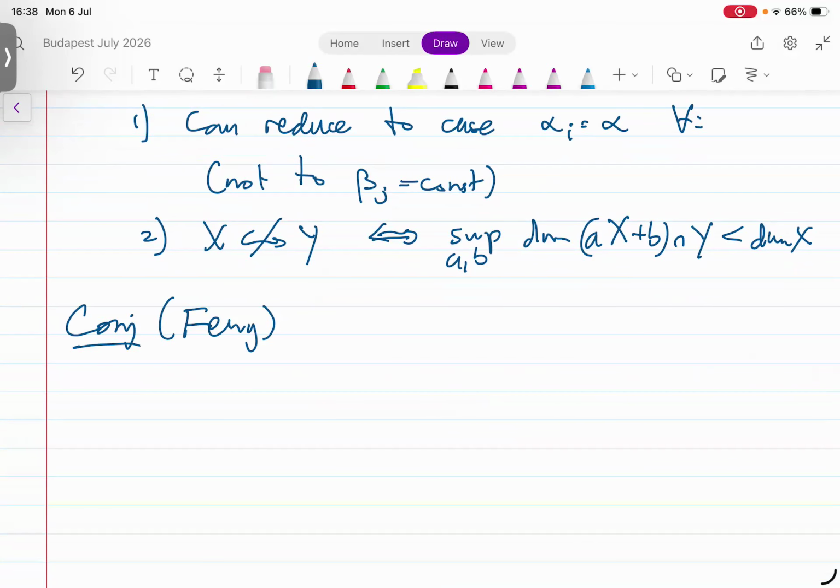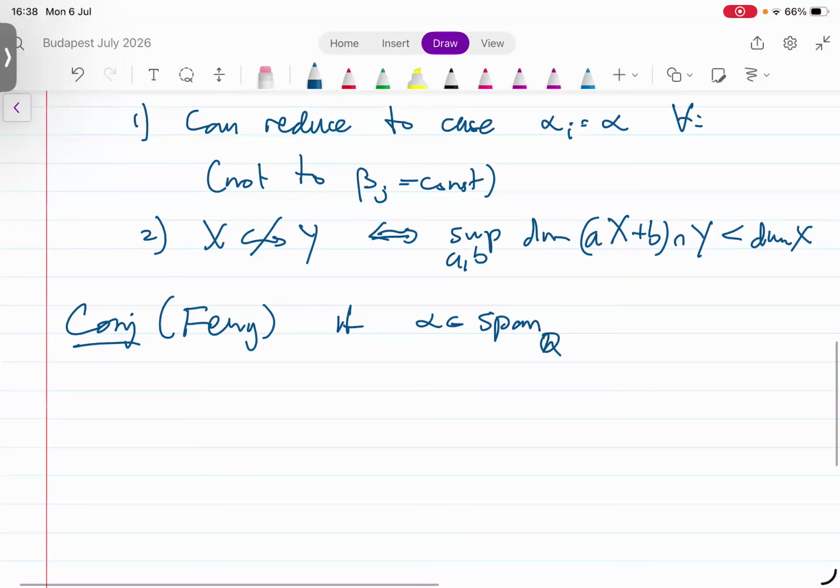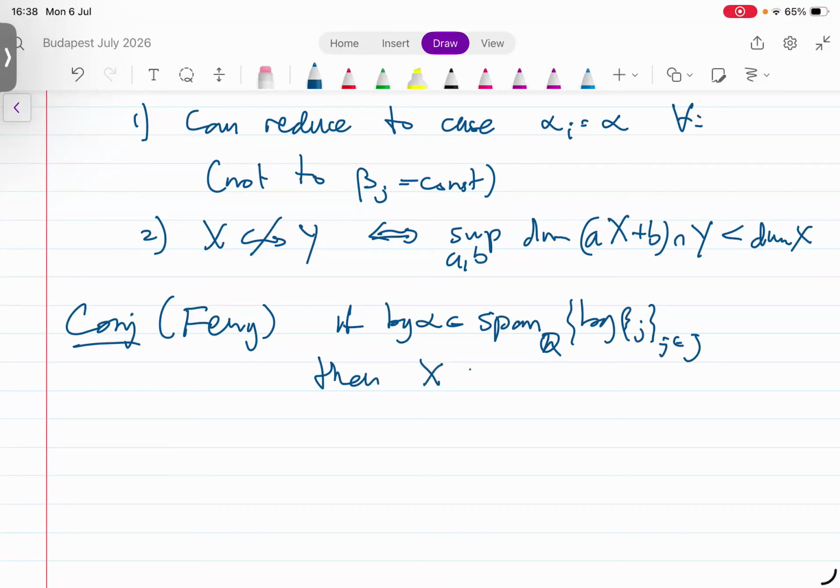And the conjecture under the reduction that I stated in 1 is that if log alpha is not in the Q span of the logs of the beta j's, then x does not embed into y.